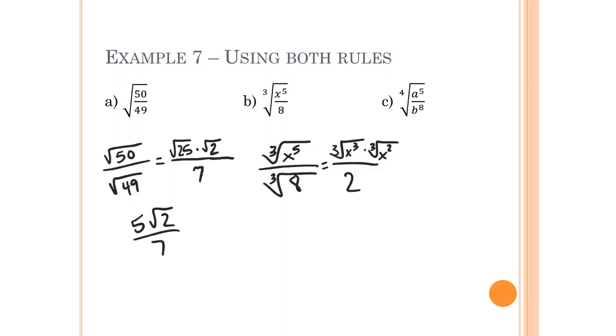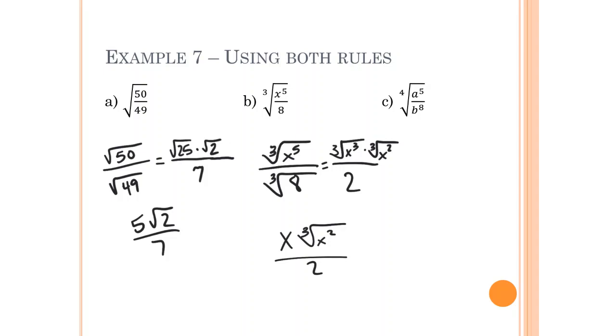The cube root of x to the 3rd is x. So that simplifies out like that. So again, it's just putting those 2 things together, dealing with the quotient rule first, and then you end up using the product rule here. All right, next one.